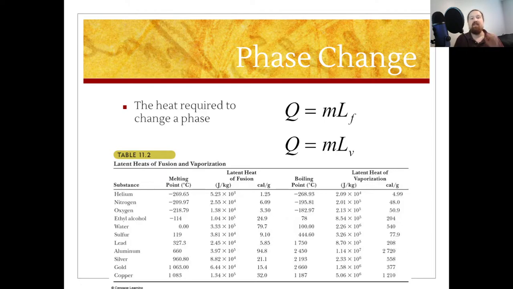That means that it doesn't take as much energy to melt helium as it takes to melt aluminum. And that's one reason why helium is usually found as a gas on planet Earth. Meanwhile, aluminum is usually found as a solid. It's easier to evaporate helium for several reasons, but this is one of them.